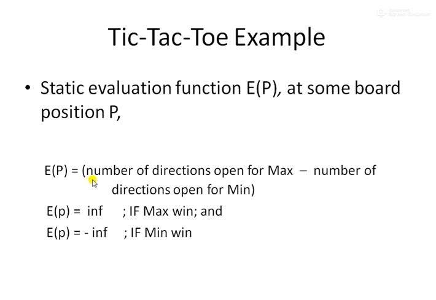The job of this static evaluation function is the number of directions open for max minus the number of directions open for min. If max is going to win, we put the evaluation function as infinity, and minus infinity if min is going to win. So these are some static values we have just put here.